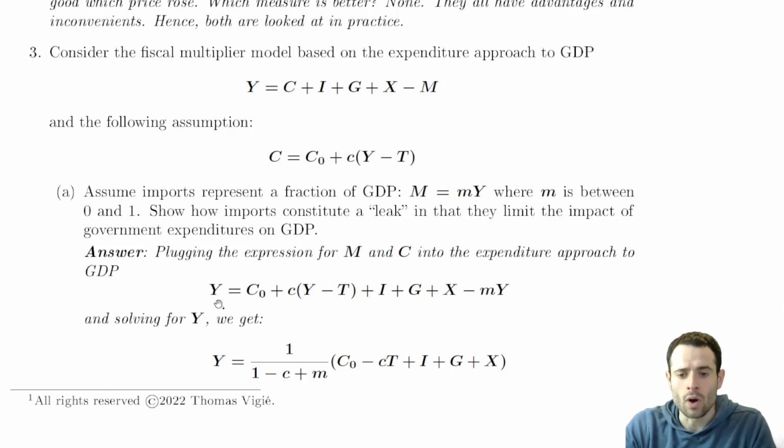Finally, to get Y alone, divide the right-hand side by whatever is left here, and you get 1 over (1 minus c plus m) times (C0 minus little c times T plus investment I plus government expenditure G plus exports X). Remember, this value here is what we call the fiscal or spending multiplier.